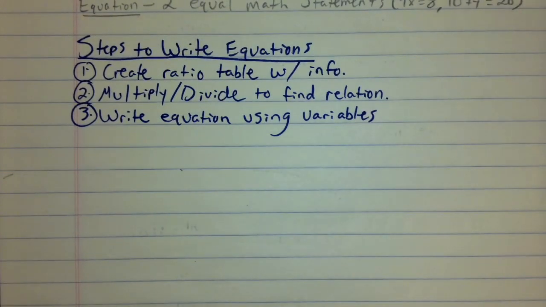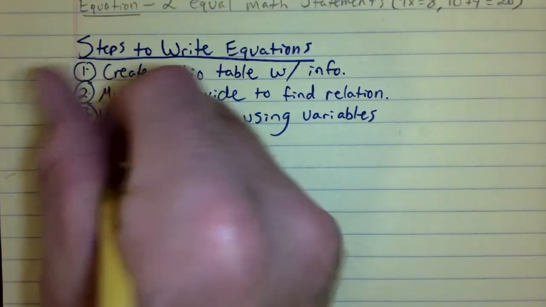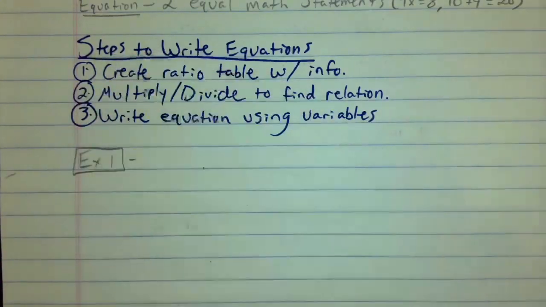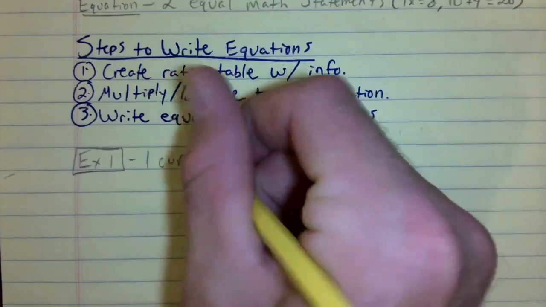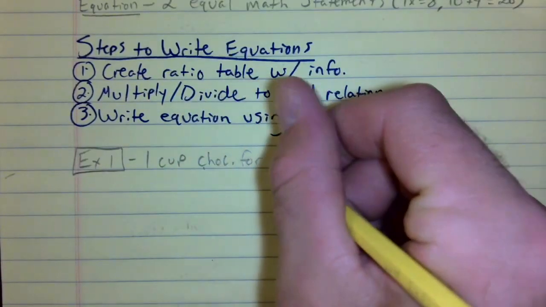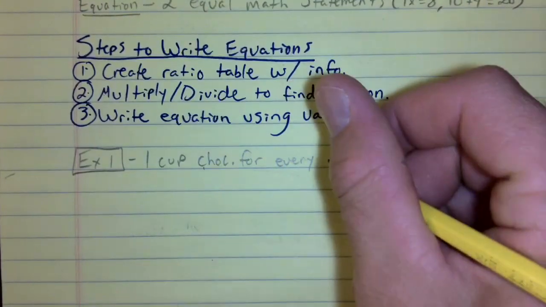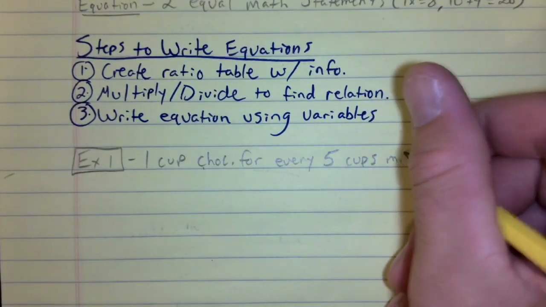So let's take a look at step one. Step one is to create the ratio table. So let's try an example. Go and write EX1, and EX1 says 1 cup chocolate for every 5 cups milk.